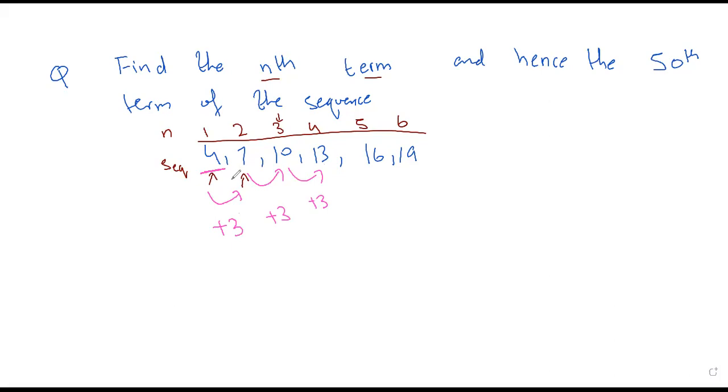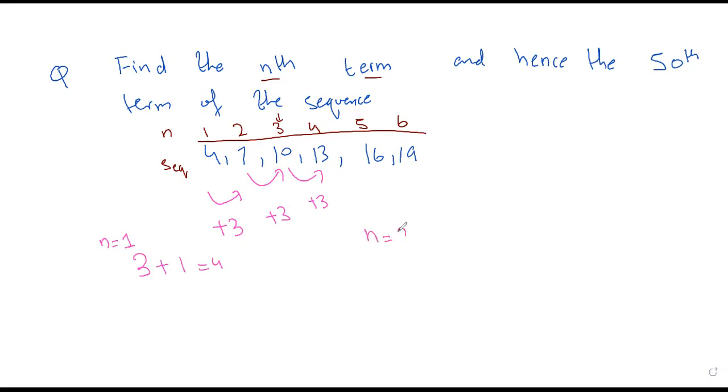Any idea? By adding 3 to 1. Okay, all right. That is close. So you are saying that for n equals 1, we are doing 3 plus 1, that is 4.